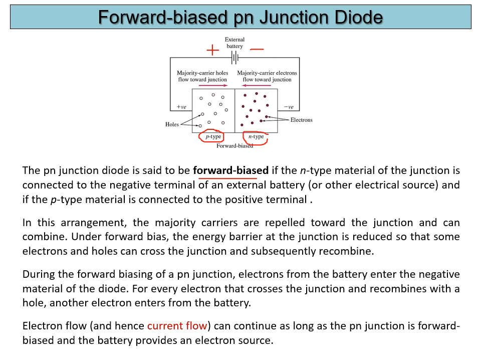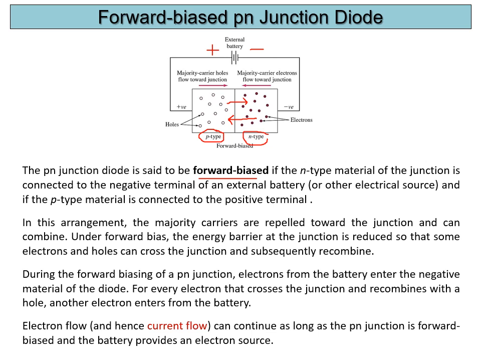In this arrangement, the majority carriers are repelled toward the junction. So for n-type, the majority carrier electrons will flow toward the junction and enter the p-type, while the holes from p-type will flow toward the junction and enter the n-type.